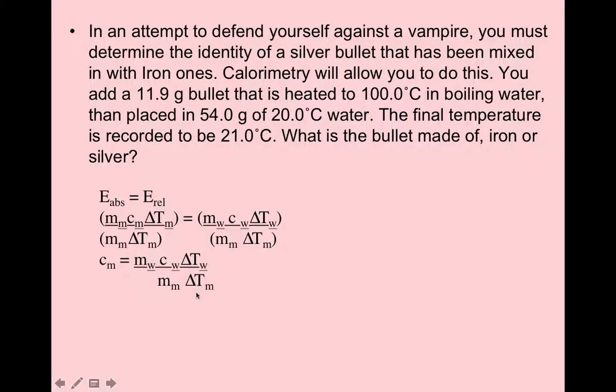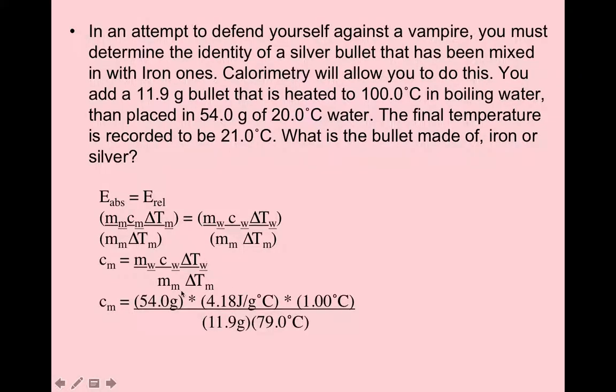And then the change in temperature of the metal started at 100 degrees Celsius, and then it cooled down as it released energy down to 21 degrees Celsius. So 100 minus 21, and I believe that gives us 79 degrees Celsius. So we plug everything in here. We do the math. I'll let you do the math and also get the correct unit for this problem.